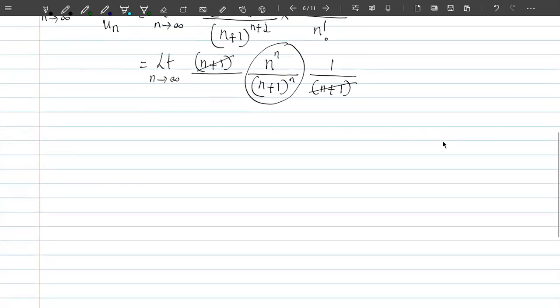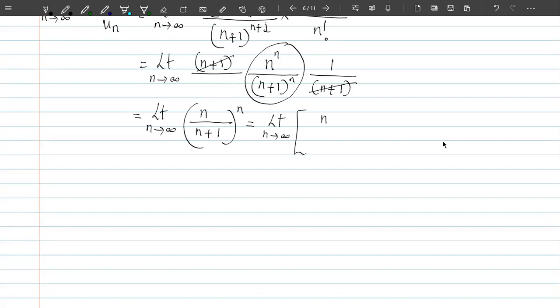So what I get here is limit n tending to infinity (n/(n+1))^n, which can be written as n divided by, taking n out of the denominator, (1 + 1/n), with power n.